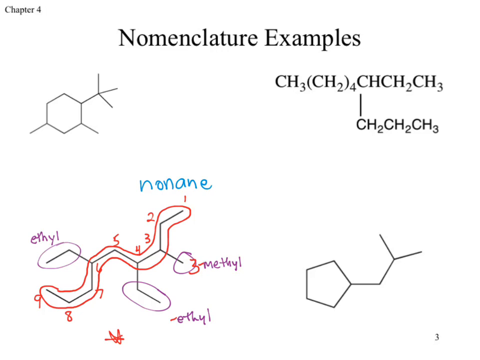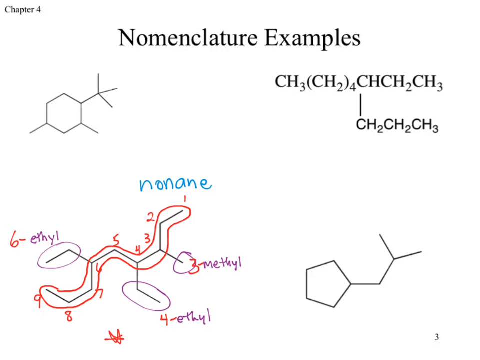Where's my first ethyl? And then 6. I can now go through and put this all together into a sequence. Usually I don't like writing these out because it takes up a lot of space. My handwriting is not the greatest here. What would I start with?